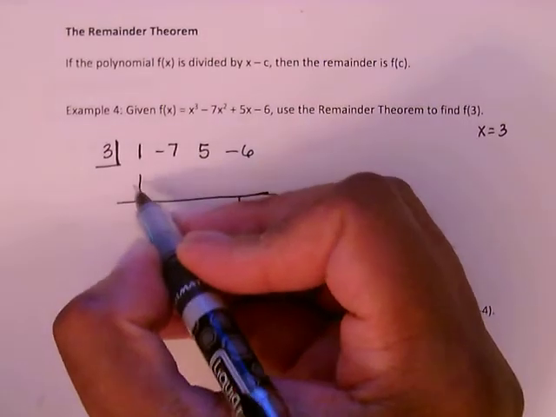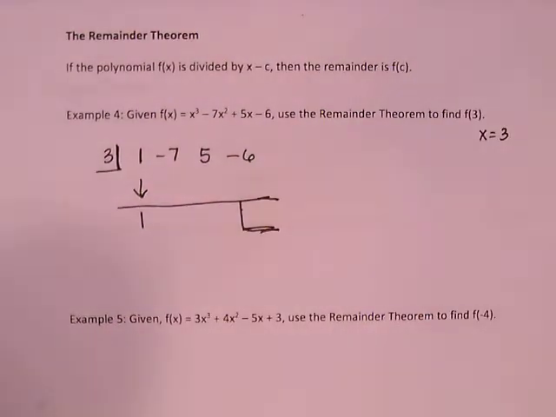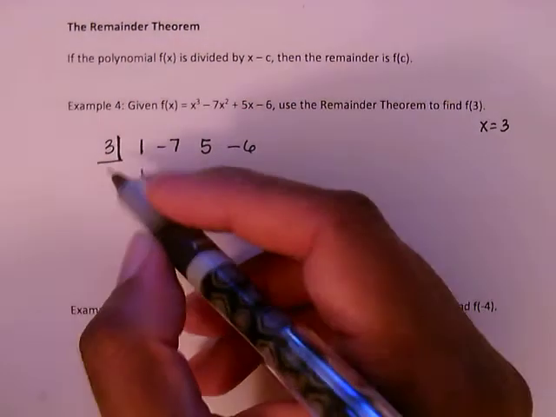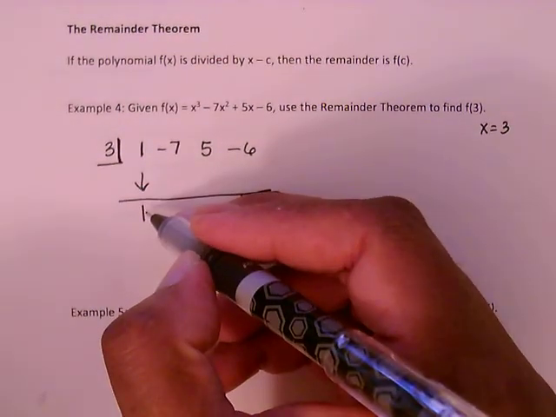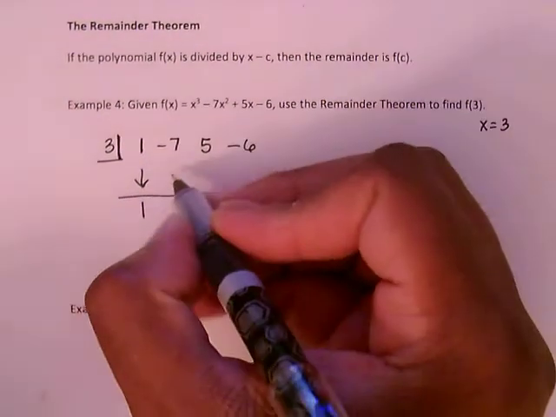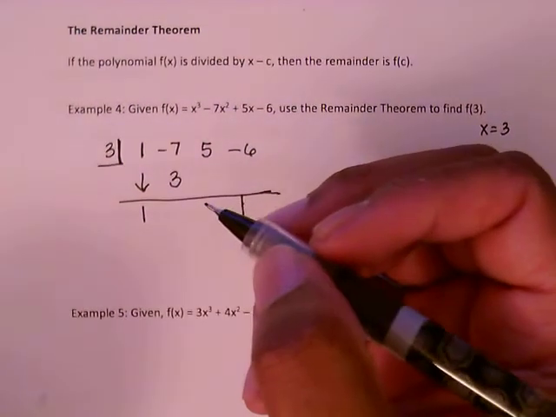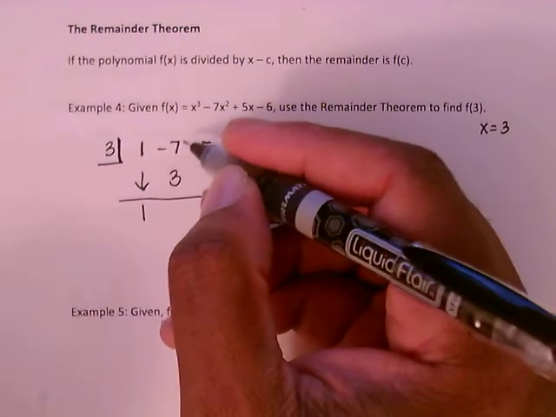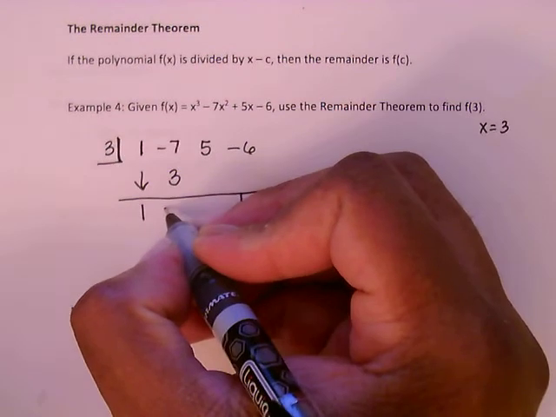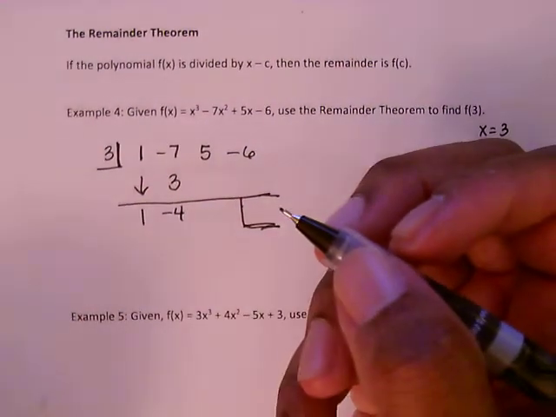So now, I can bring down the 1, which is the leading coefficient, in the bottom row, and then multiply this 3 times 1, which is 3. That goes underneath negative 7. And then add negative 7 to 3, you'll get negative 4.